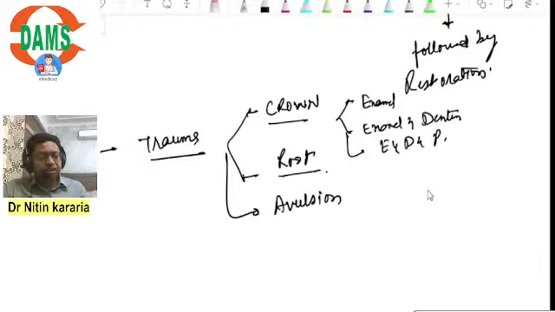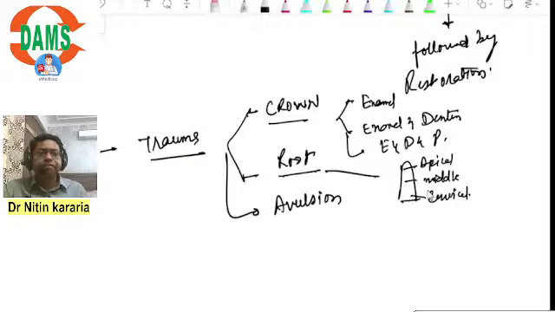Root fracture can occur in the apical, middle or cervical 1/3. And avulsion means complete exarticulation of the tooth.